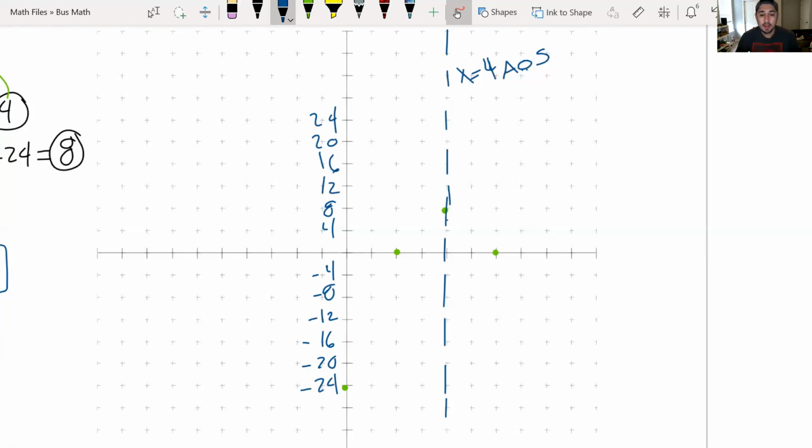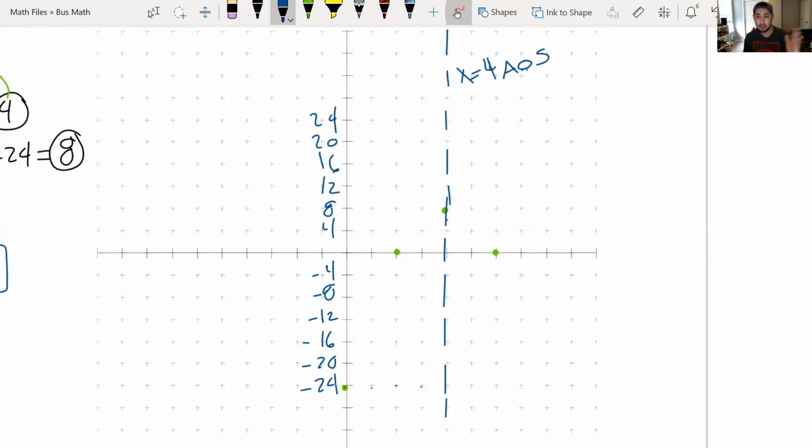So let's say we didn't have the x-intercepts and all we had was the y-intercept. So this means that, well, count how many spaces the y-intercept is from the axis of symmetry. That is 1, 2, 3, 4 spaces.